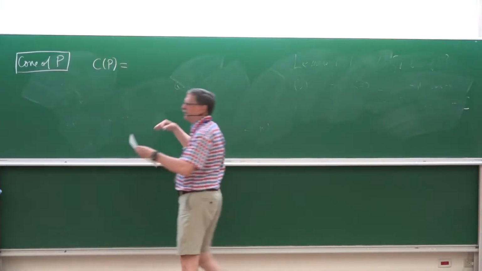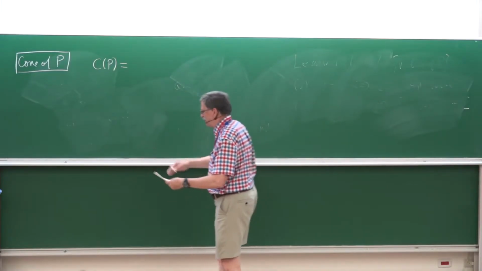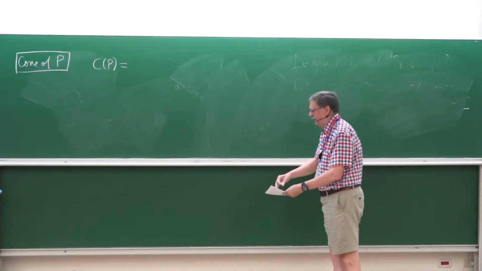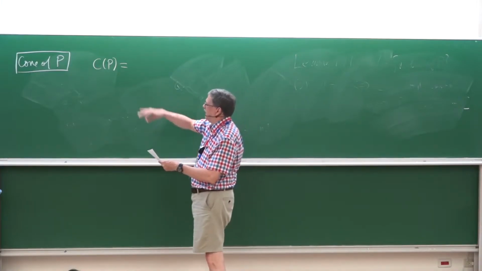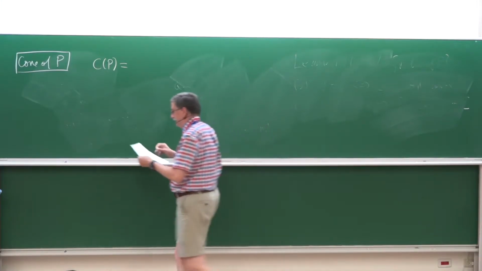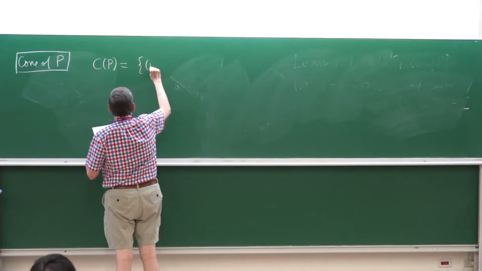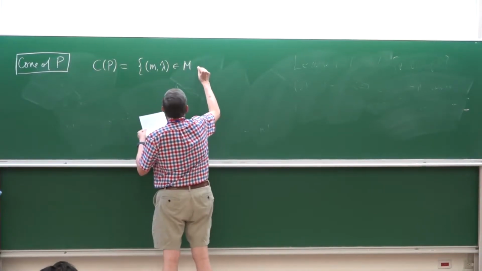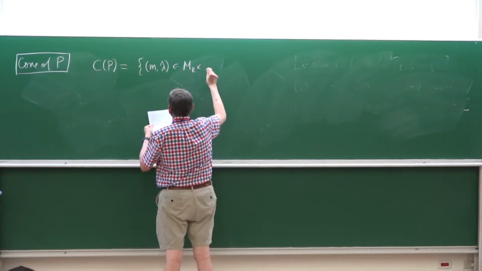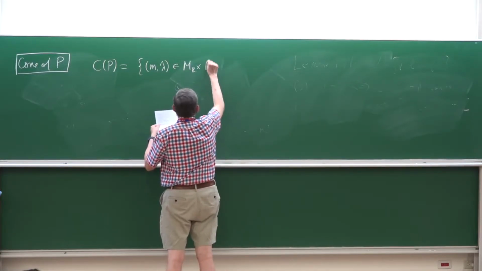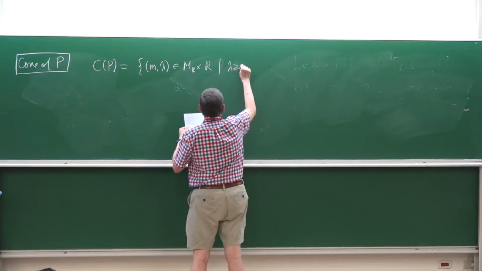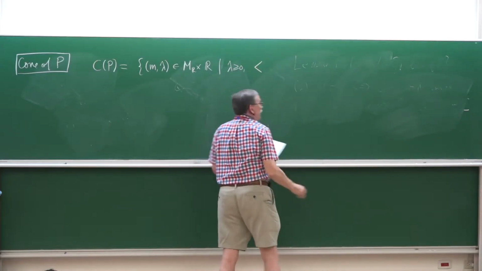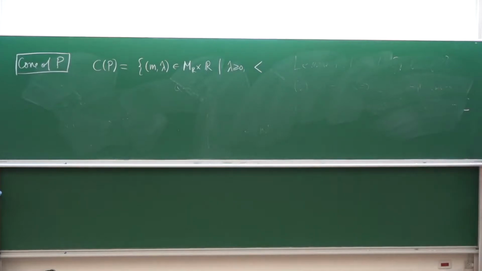So basically it's going to live in one higher dimension, and I'm going to put copies of P at different levels, and the level is going to tell me how to scale it. So it's going to be m, lambda in M_R cross R. I want lambda to be greater than or equal to 0. And I'm going to be making this assumption all the way along. So it's going to be basically this guy scaled by lambda.